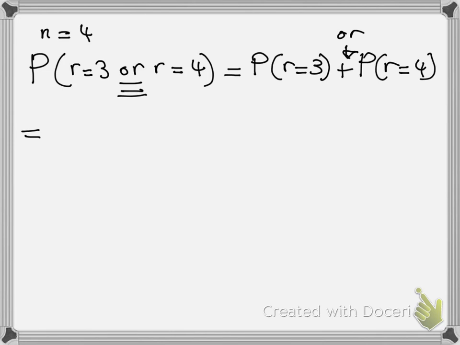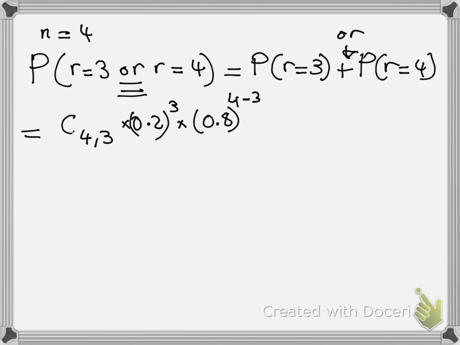So R is 3, so we have 4 choose 3, times the probability of success, that's 0.2 to the power R, R is 3, times the probability of failure, that's 0.8 to the N minus R. N is 4 and R is 3, so 4 minus 3.